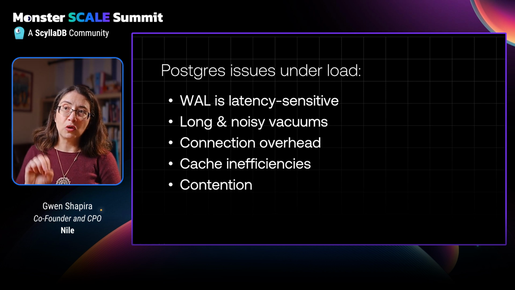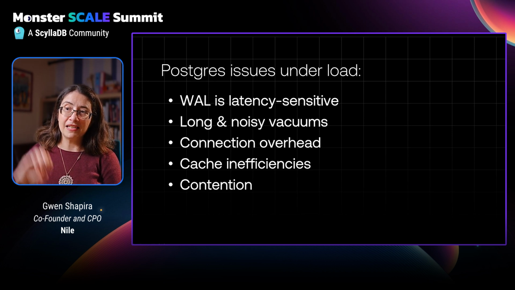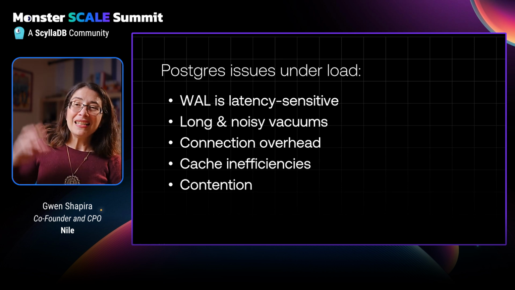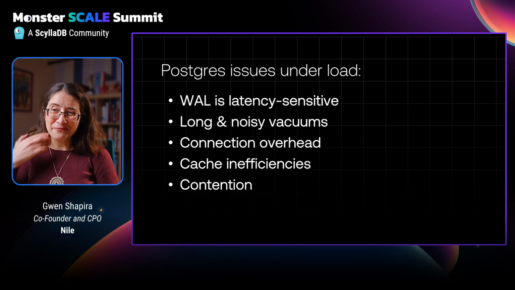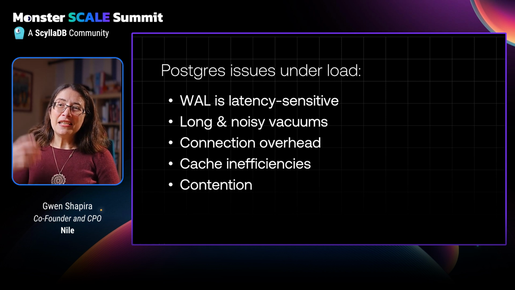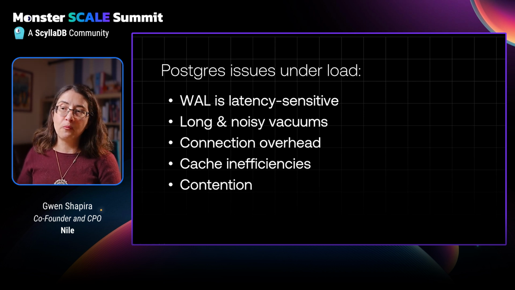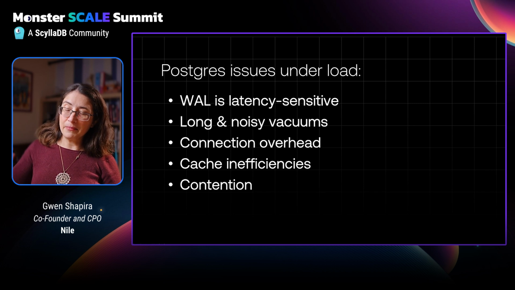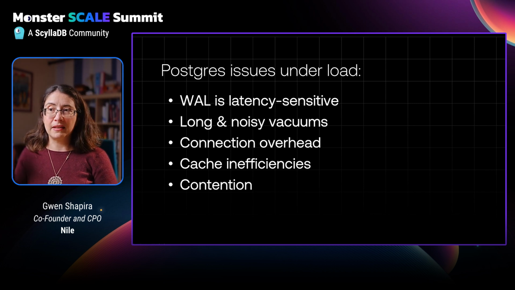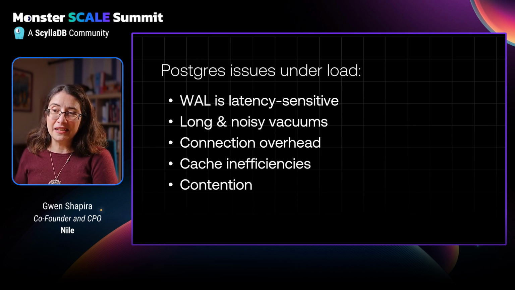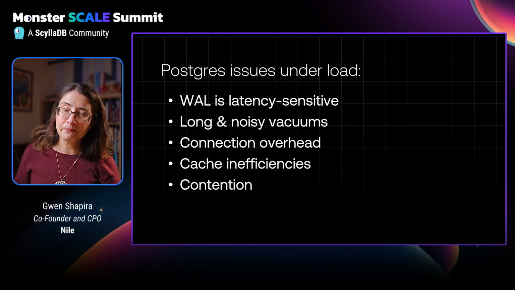This is one of the more common problems when people run Postgres at high scale: the vacuum is either too disruptive, or they cannot run it often enough, or it doesn't ever complete running. And there's a whole host of problems that come from not running enough vacuums as your system scales.